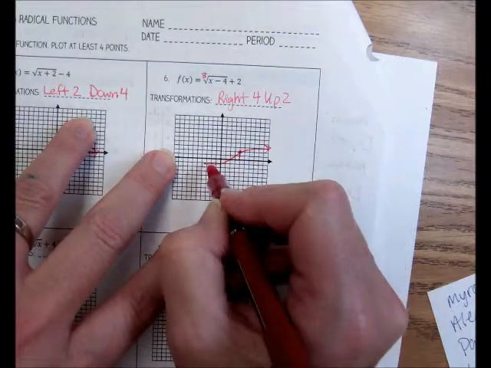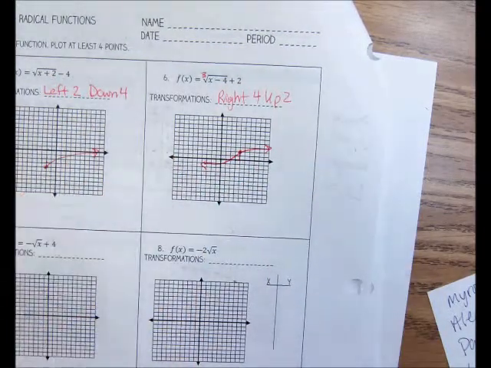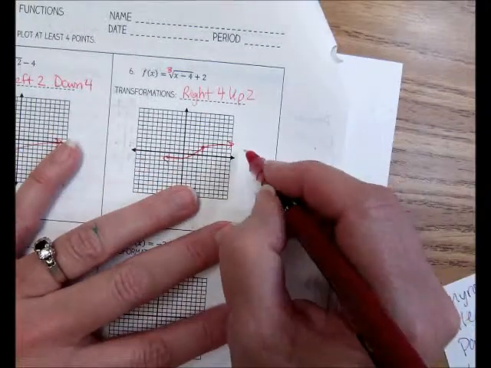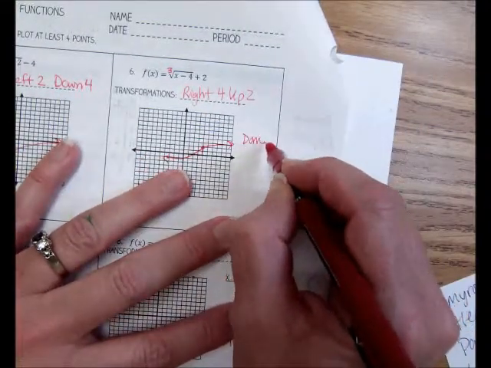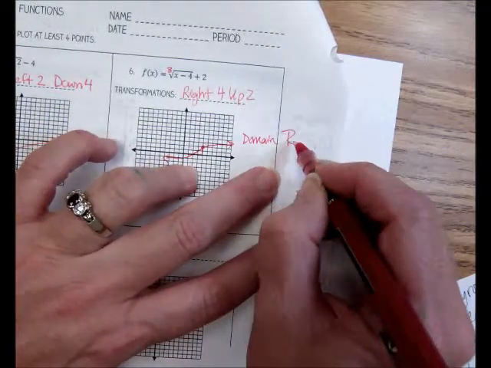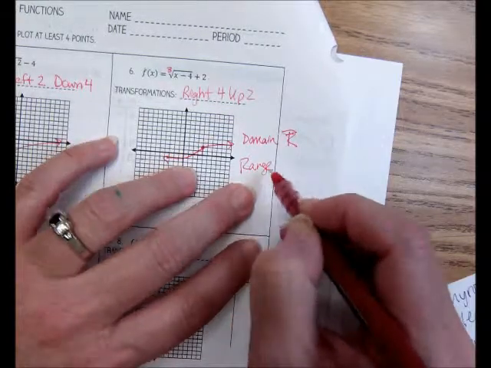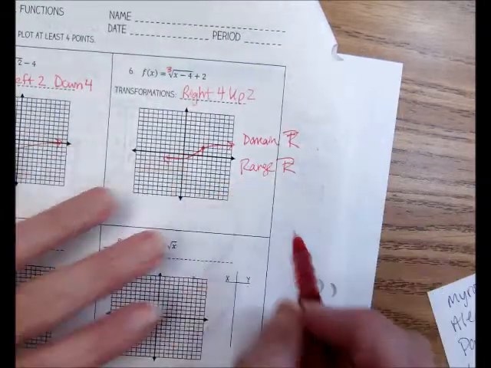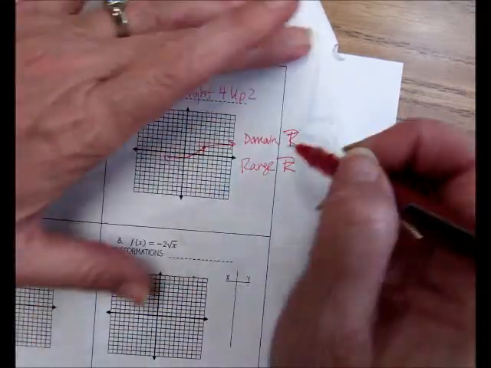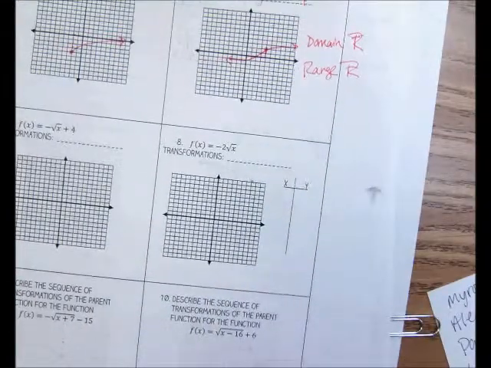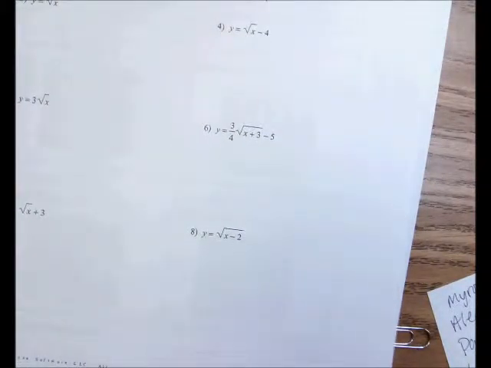And for this situation, it appears that my domain is going to be all real numbers, and then my range is going to also be all real numbers, because eventually it will cover all the values of y and x.